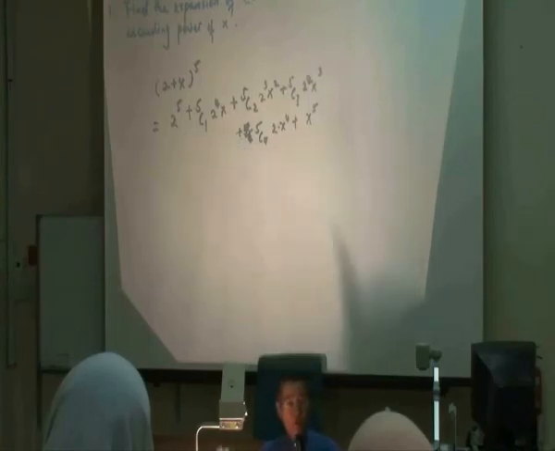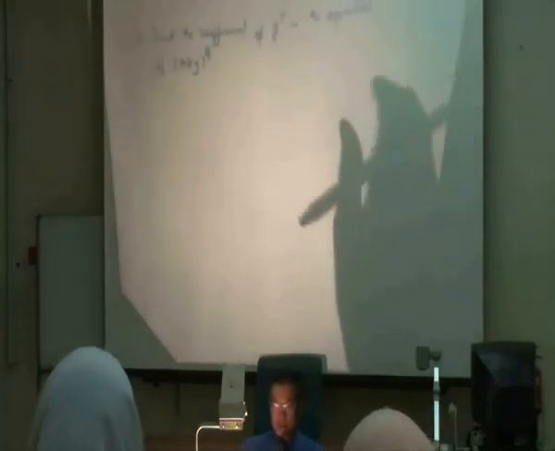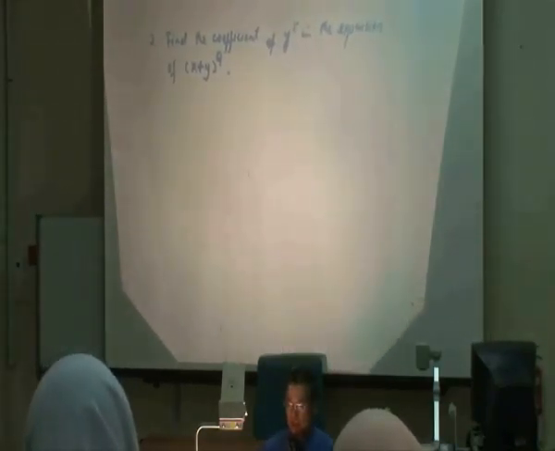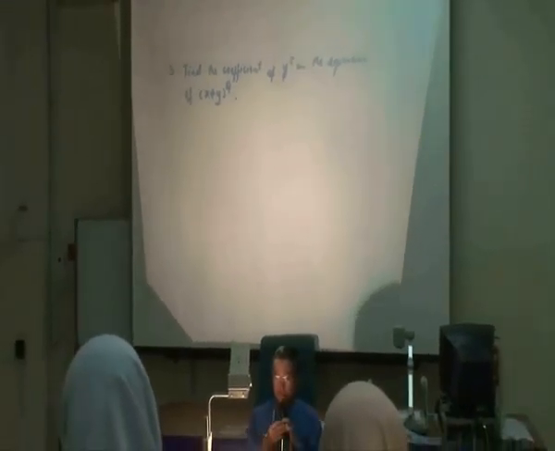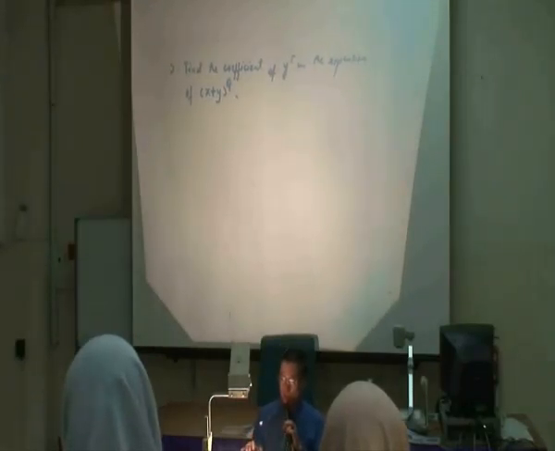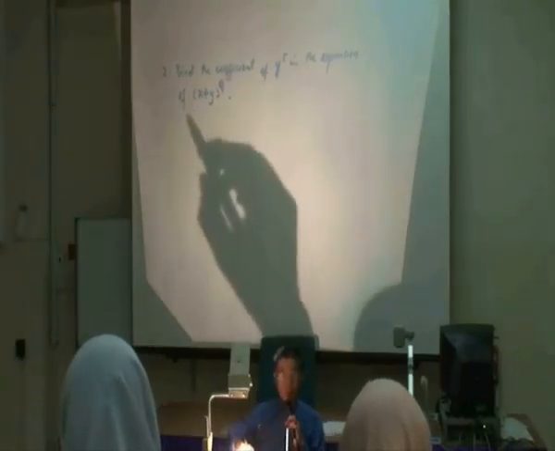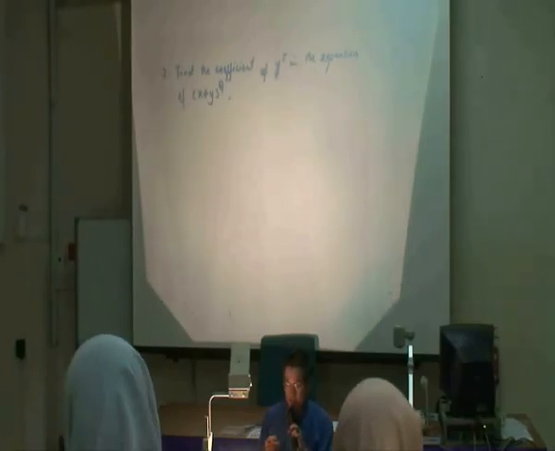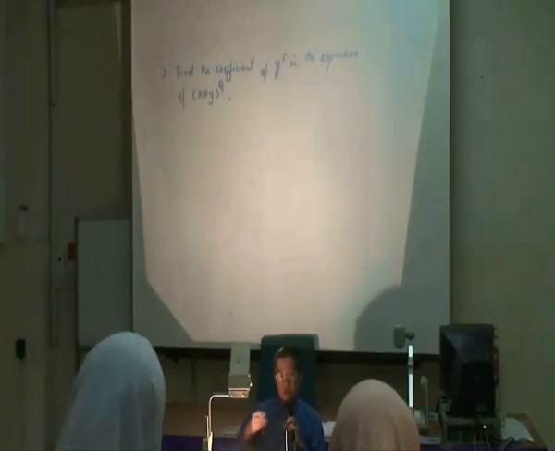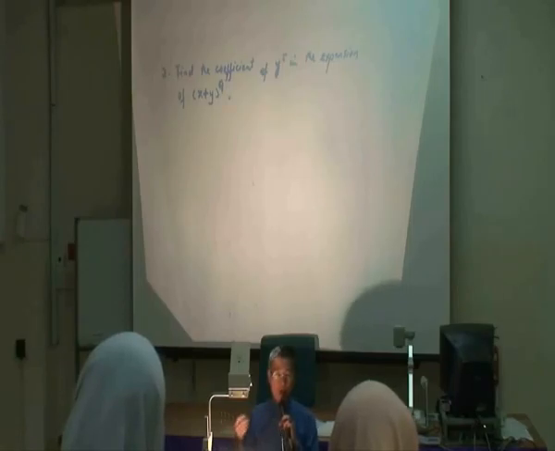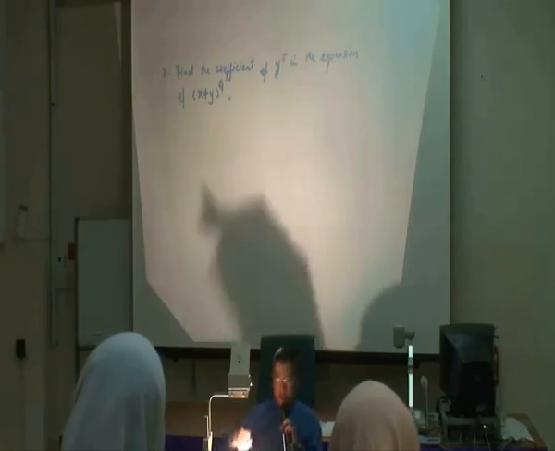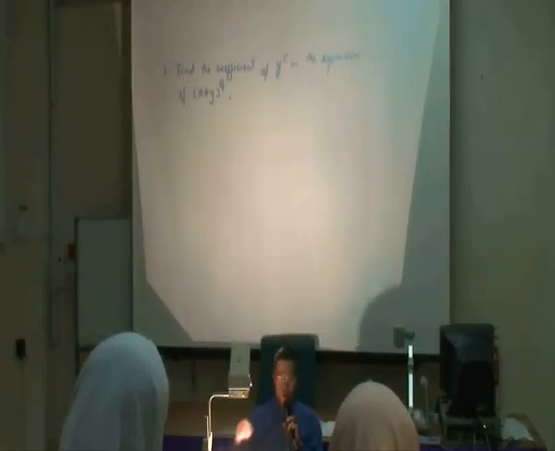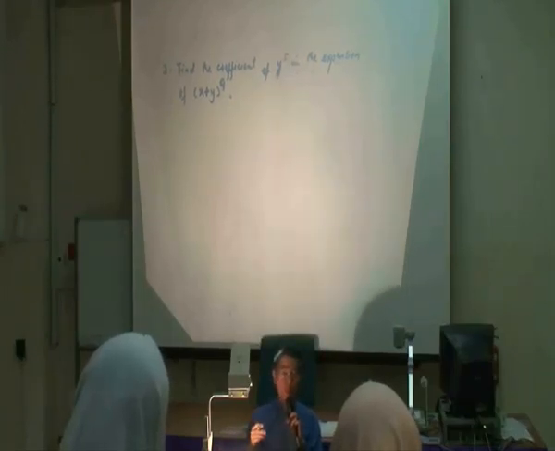So I think you can simplify it yourself, right? Second example, let's say you're asked to find the coefficient of y to the power 5 in the expansion of x plus y to the power 9, right? To the power 9. So in this case, do you need to write down all the terms in this expansion before you determine the term in y to the power 5?